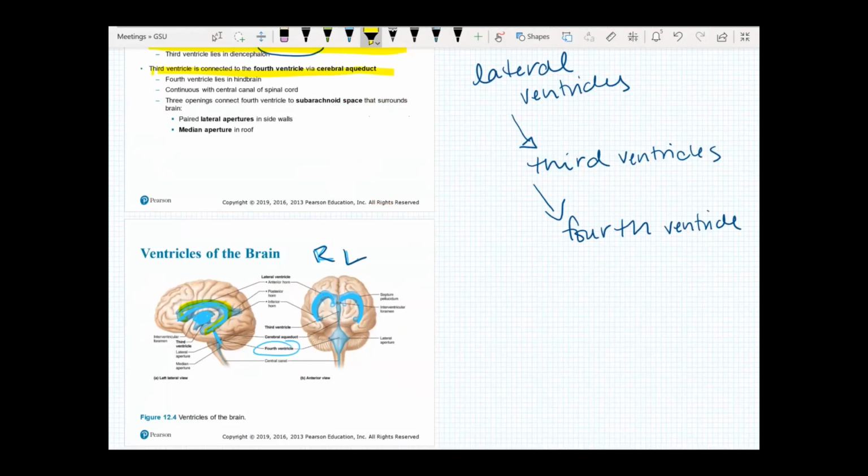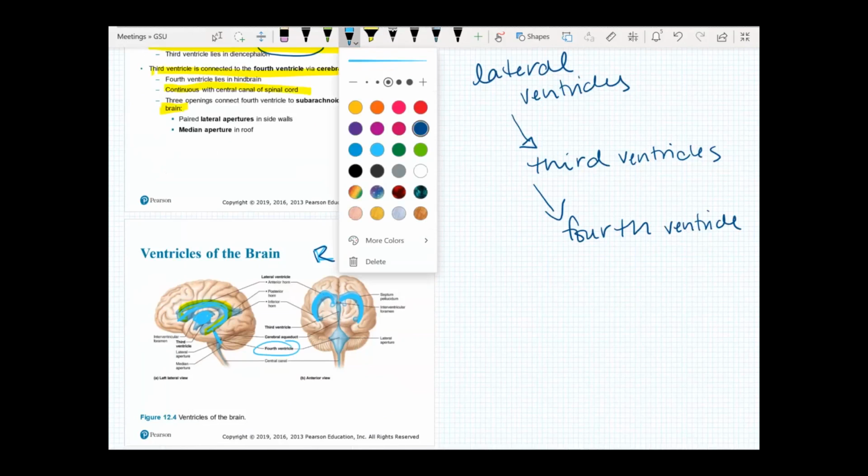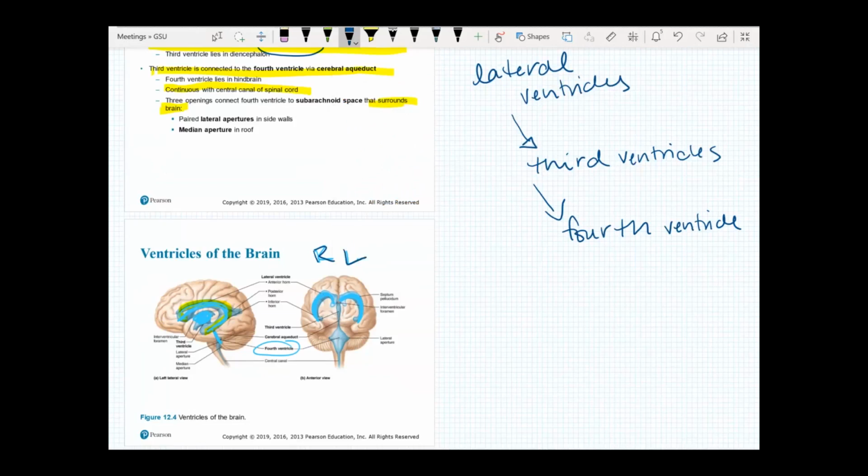After the fourth ventricle, it will then be continuous with the central column of the spinal cord. And then it will also go and surround the brain. So after it goes from the lateral ventricles, third ventricle, fourth ventricle, it will then go two places, and this will be down and around the spinal cord.